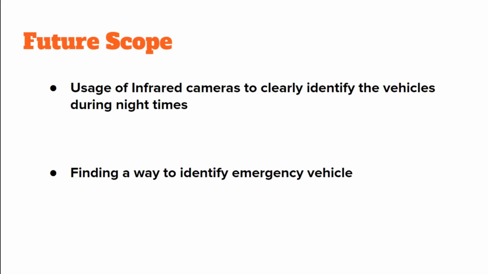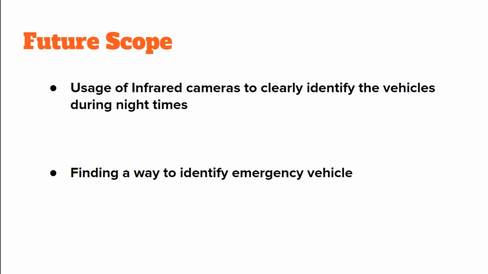And let's talk about the future scope of this project. The first thing is we can use infrared cameras to clearly identify the vehicles during the night time. By applying some suitable image processing methods, we can enable the system to control the traffic effectively during the night time also.